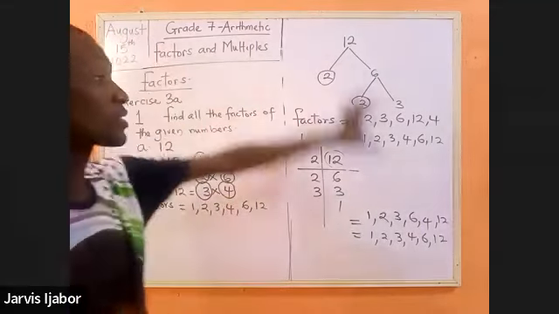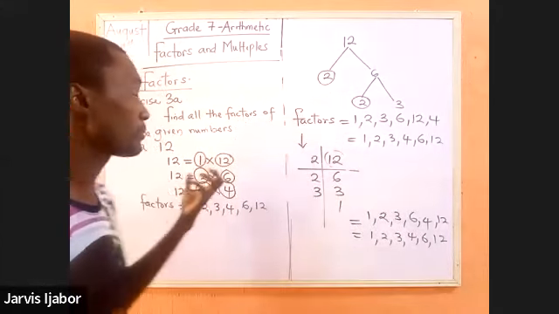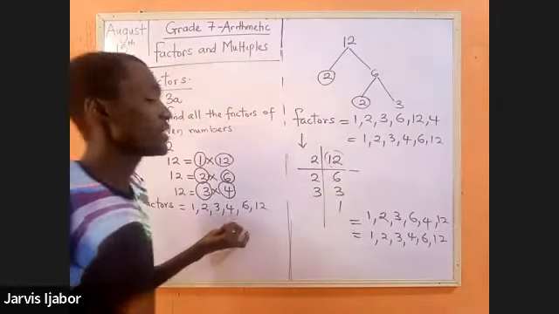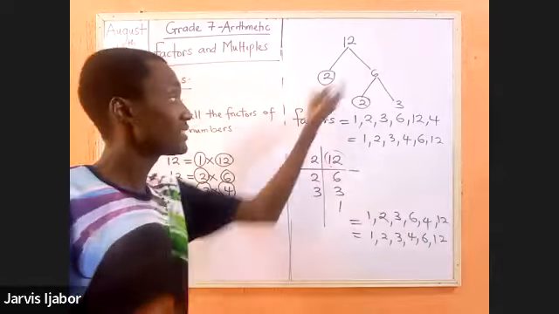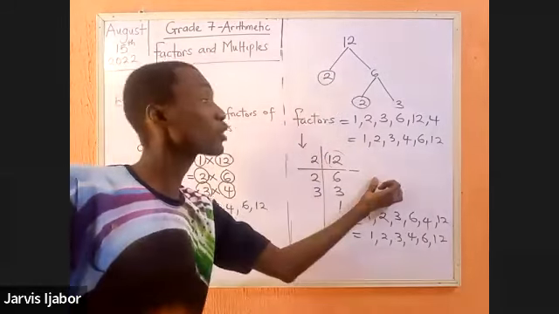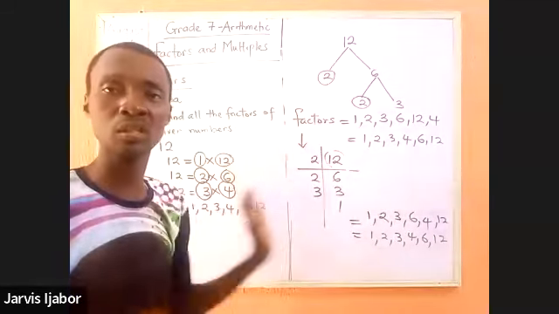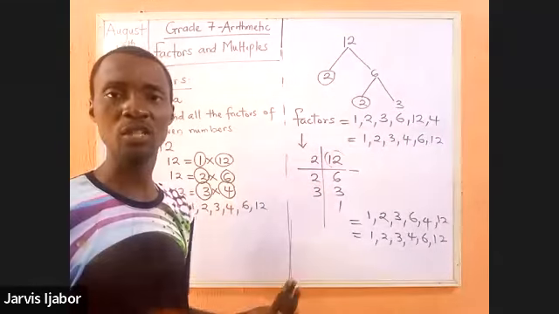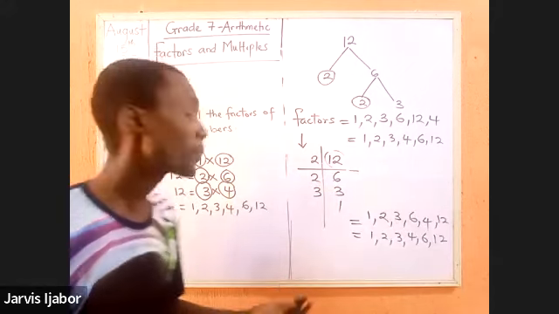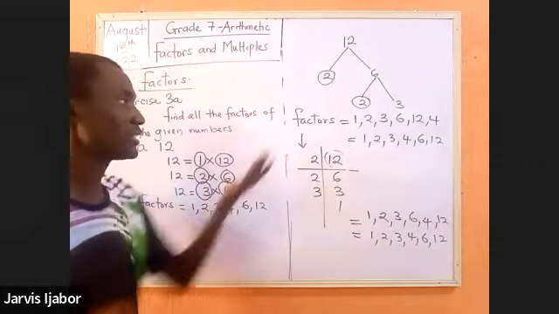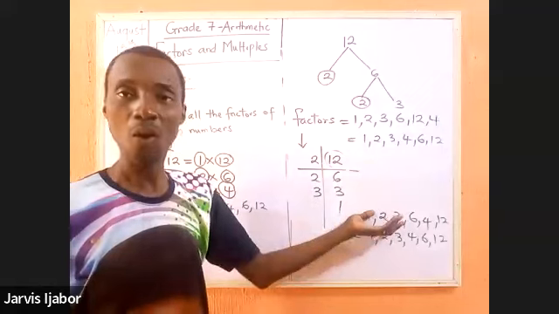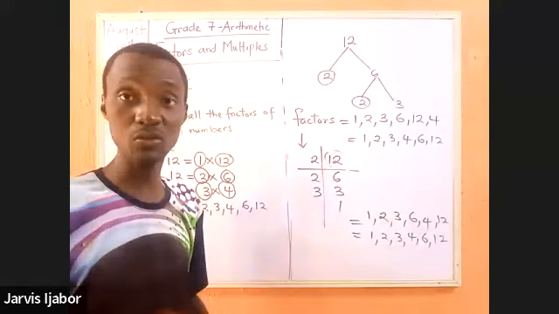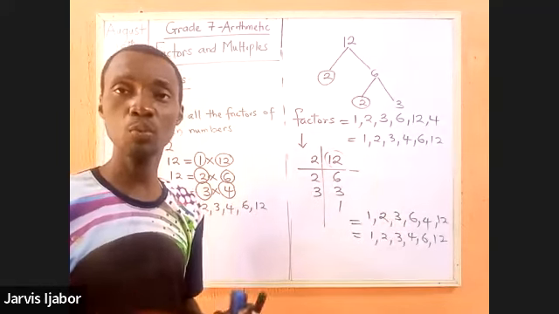Now, all these methods are important because in solving problems, there are problems that this will be easier, this will be better than this. And there are problems that this method will be better than this. So you need to know these 3 methods and know at what point in time I can use whichever one. Some people may love this method better than the others. All right, so we're going to solve 1 or 2 more questions. And after that, I'll leave you to go back to work.